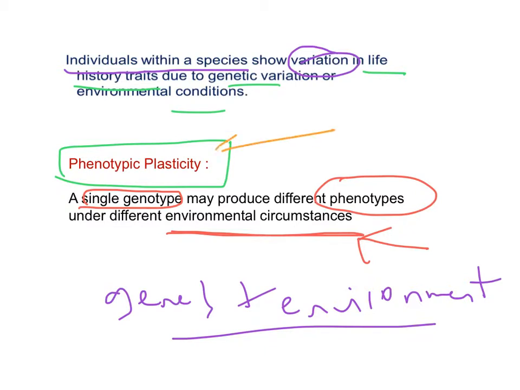So the degree of phenotypic plasticity here may be high or it may be low, depending on the organism. And we're going to talk a little bit more about examples of how the phenotype for even a genetically identical individual can vary.